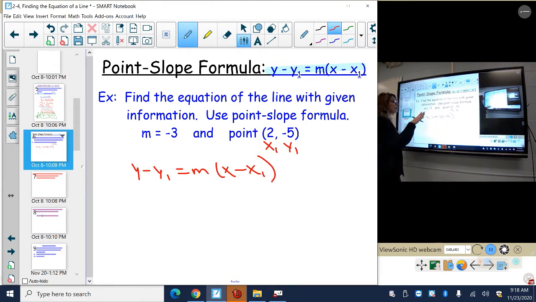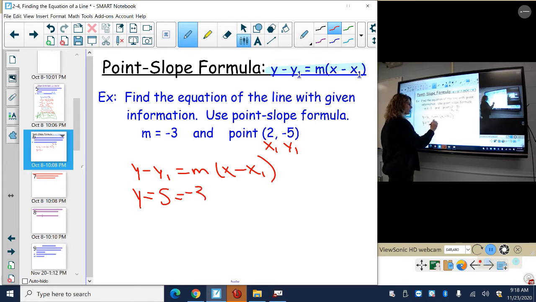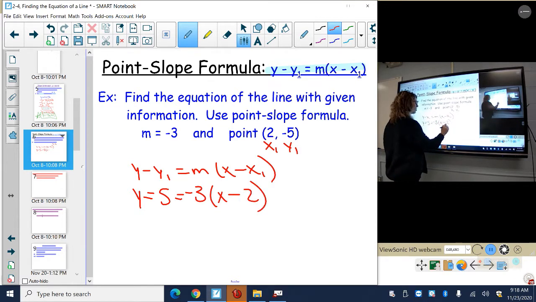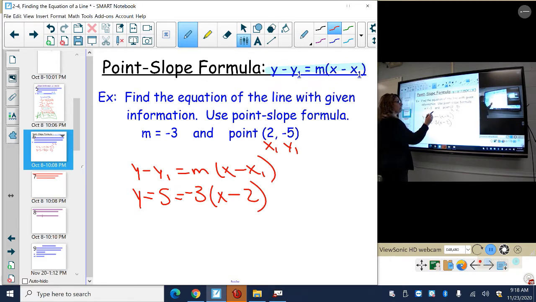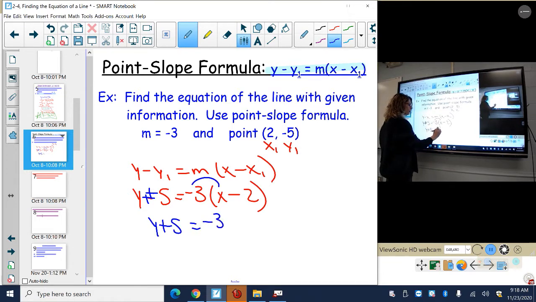And then I labeled my point x1, y1, and I'm going to plug in y1, which is -5, m, which is -3. I keep the x, and then I plug in x1, which is going to be 2. A double negative creates a positive. So that's going to be y plus 5 is equal to, distribute, -3x plus 6.